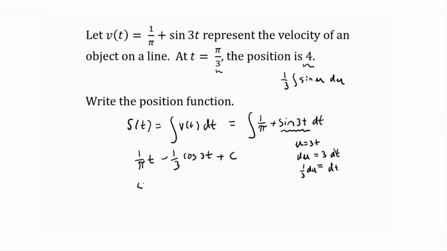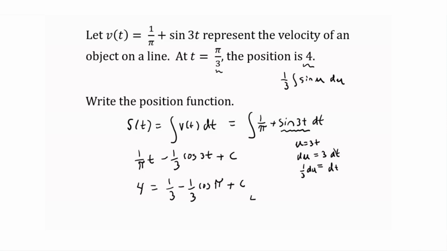So we're going to say 4 is equal to, and we plug in pi over 3. If we plug in pi over 3 into 1 over pi t, we're going to get 1/3, minus 1/3 cosine, and if we plug in pi over 3 for t, we're going to get pi, plus c. Well, what is the cosine of pi? The cosine of pi is negative 1.